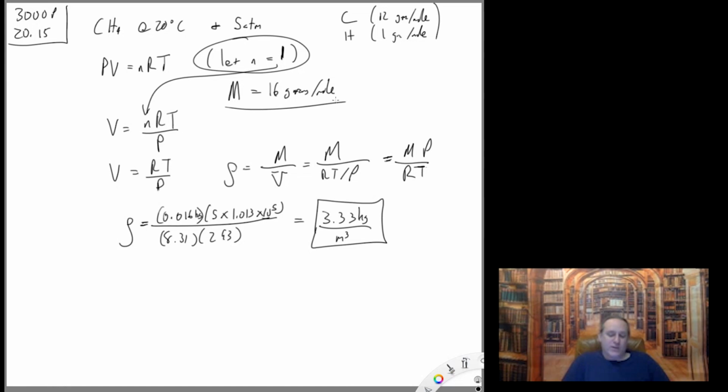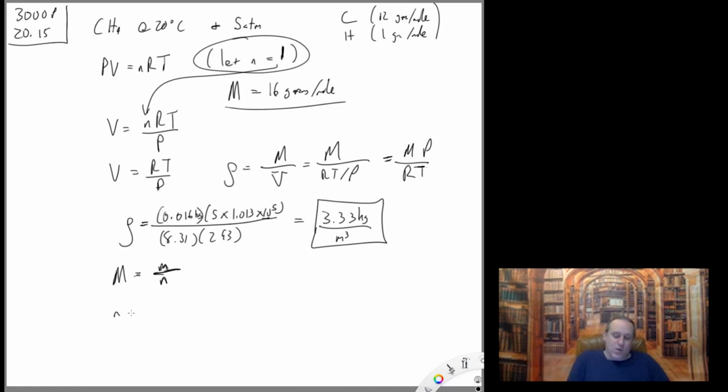If we wanted to work completely symbolically, we did this last time, but I'll show this to you again now that we've had a little more practice with the ideal gas law. The molar mass is equal to the total mass over the number of moles.